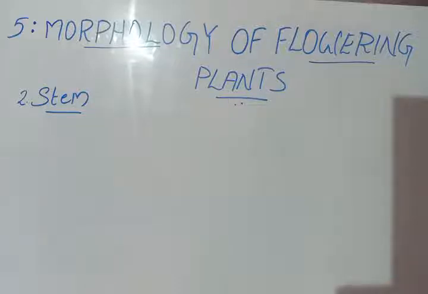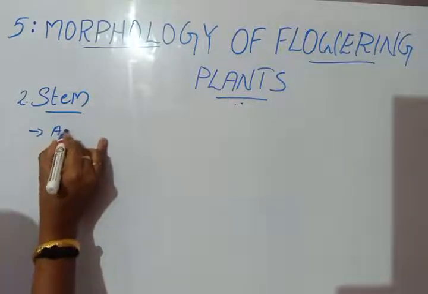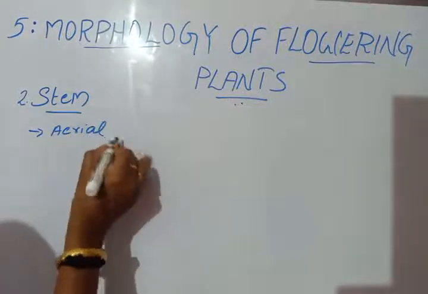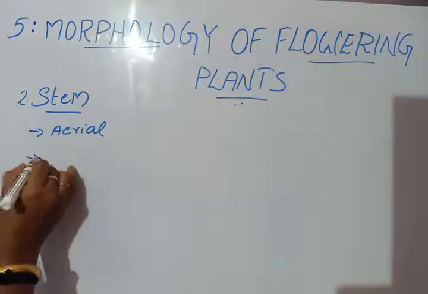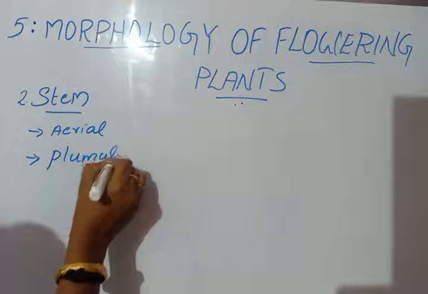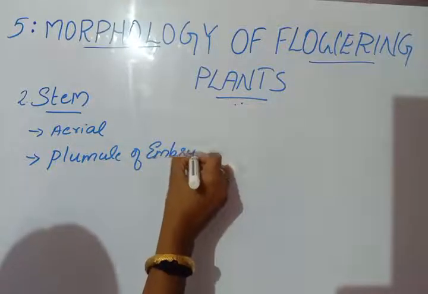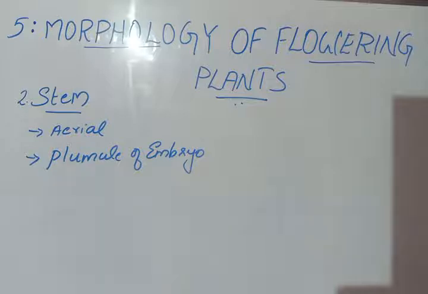Stem is the aerial part of the plant. Root is the underground part of the plant. Stem is the aerial part of the plant which is developed from the plumule of the embryo.